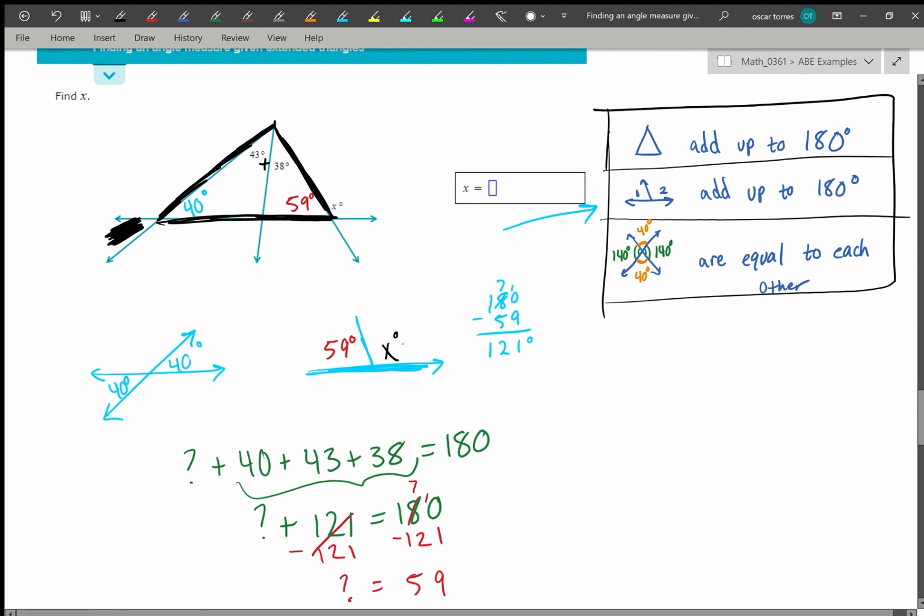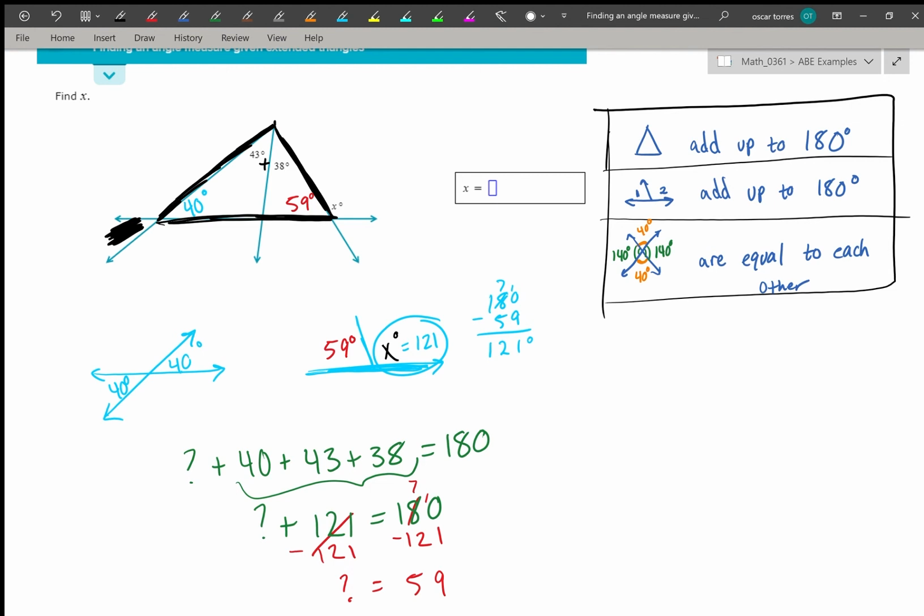So that means that this x is actually equal to 121 degrees. The way you would check that is if you add 121 to 59, you should get 180, which is why we subtracted it in the first place. So we end up getting x equals 121 degrees, and that would be our answer.